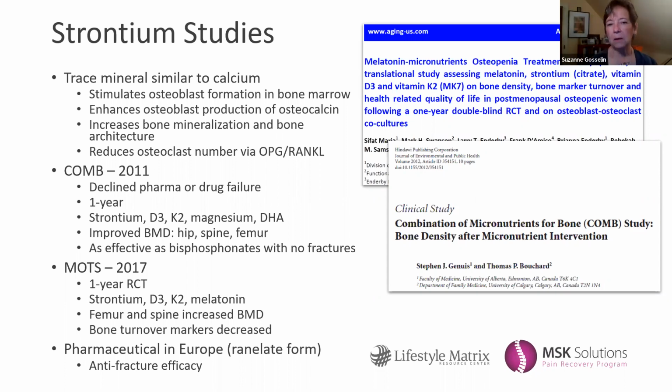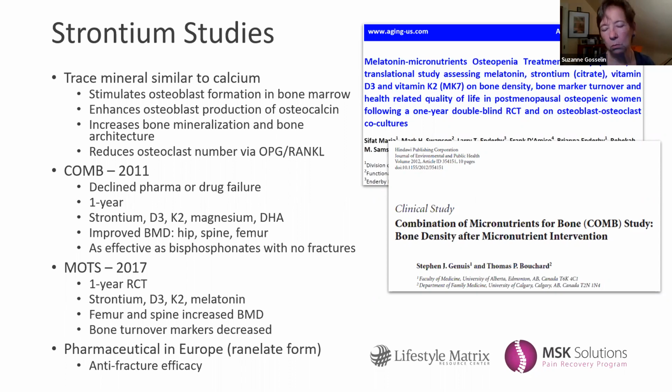Strontium in supplement form is valuable, and the only thing I would recommend, if you're going to look at a formula to give you that support, is that you take the strontium at a separate time from your calcium, because remember, they are very similar to one another, and so absorption is almost interfered with for both of them.